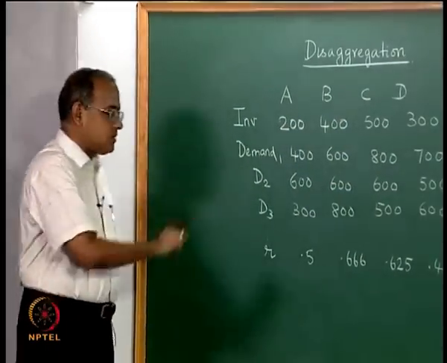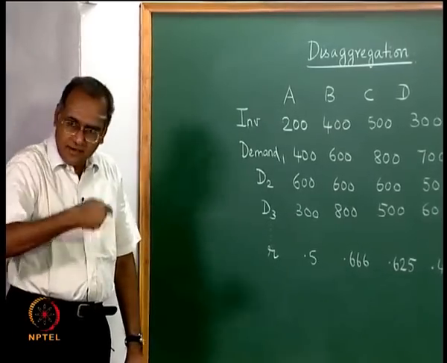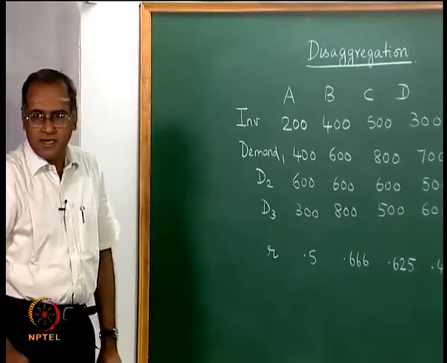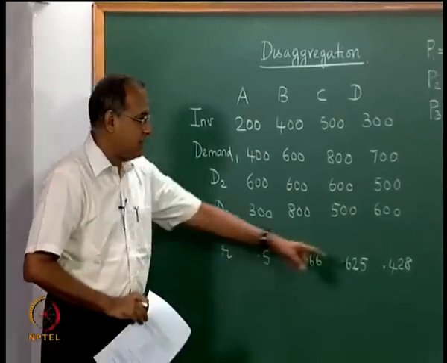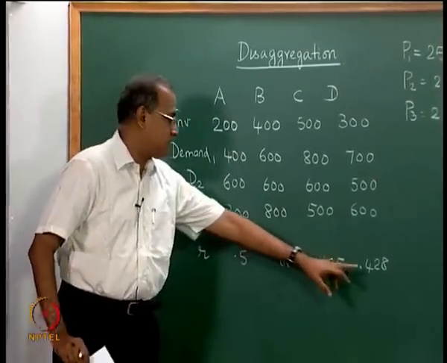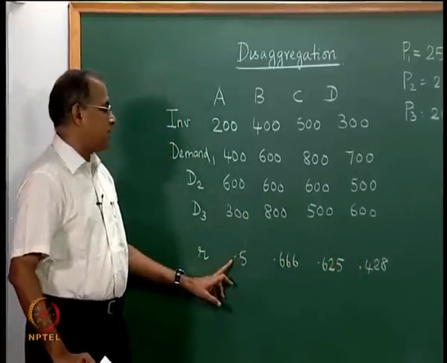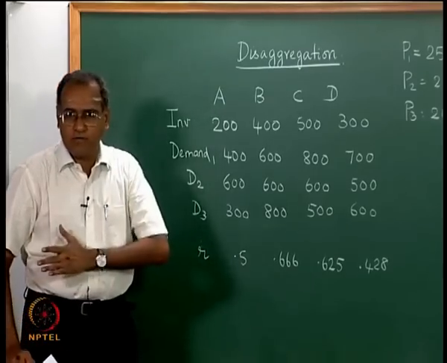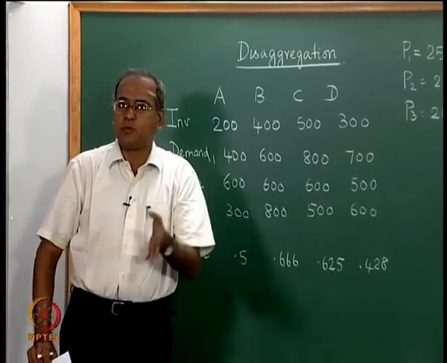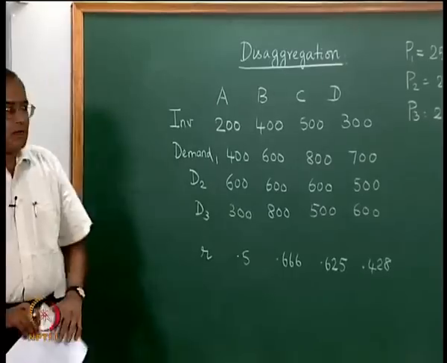Based on these ratios, we also said in the earlier examples that it is preferable and good to produce in the order of increasing ratios, which means we produce D first, then produce A and then C and then B, so that before we have a stock out we are able to produce these items.